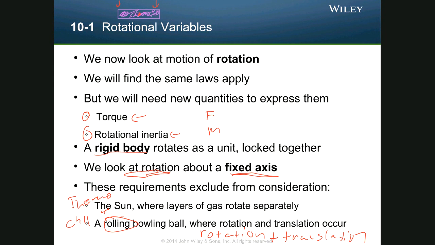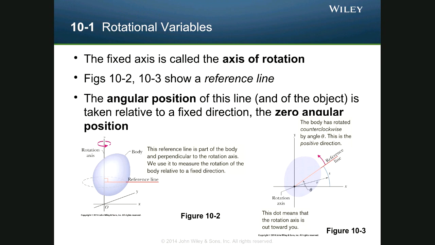So let's get through it. Now, the fixed axis we'll use is called the axis of rotation. You have an egg here, and we'll look at the individual parts, and then I want to do a very simple example to show you exactly how this changes. We have the fixed axis on the rigid body called our axis of rotation.